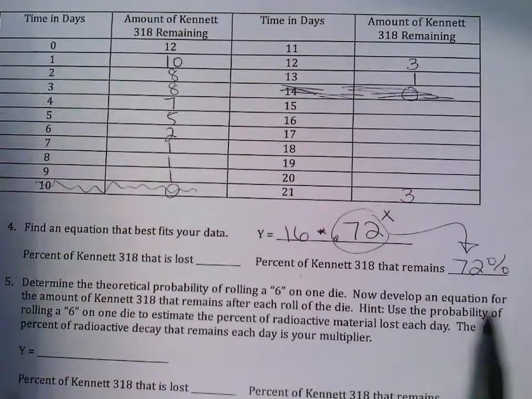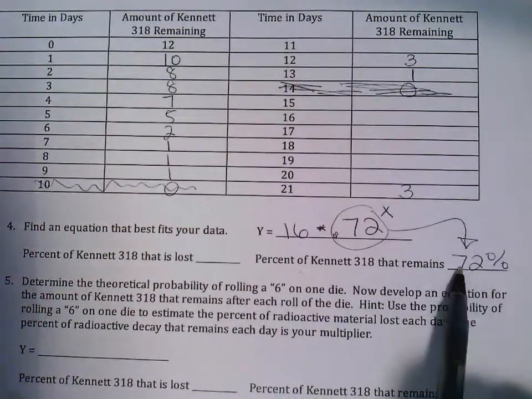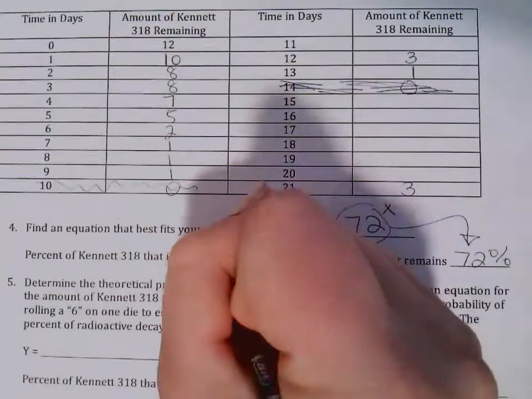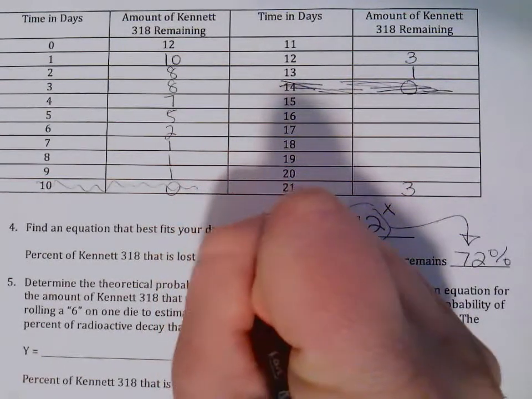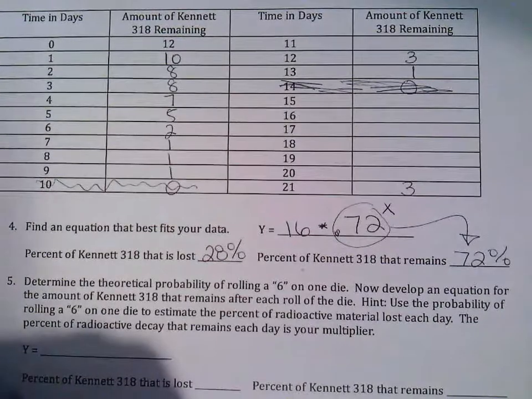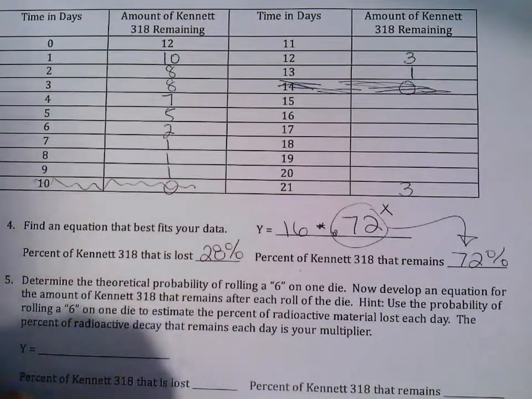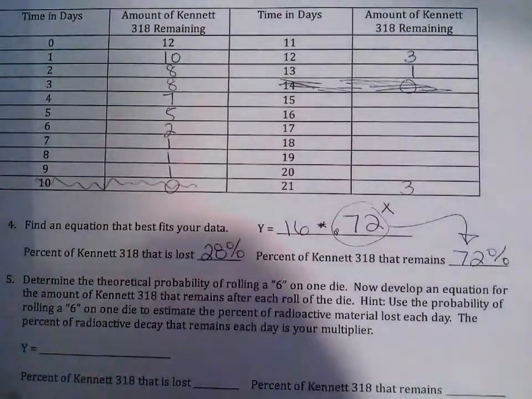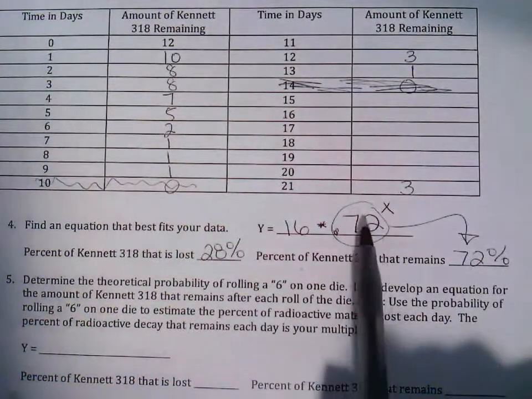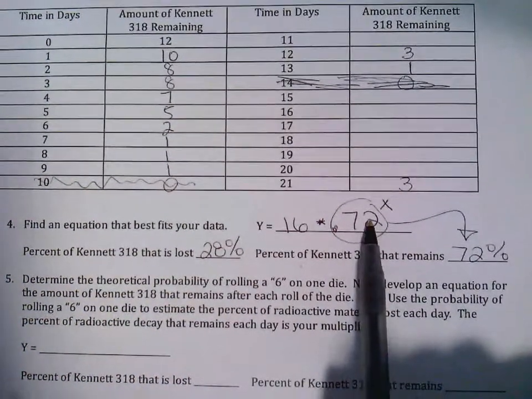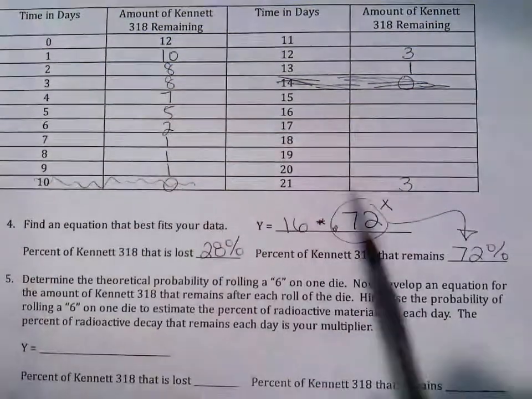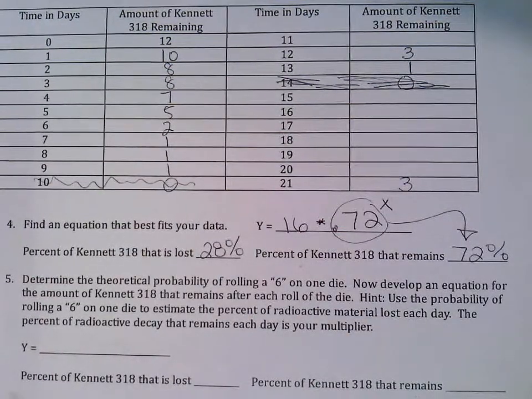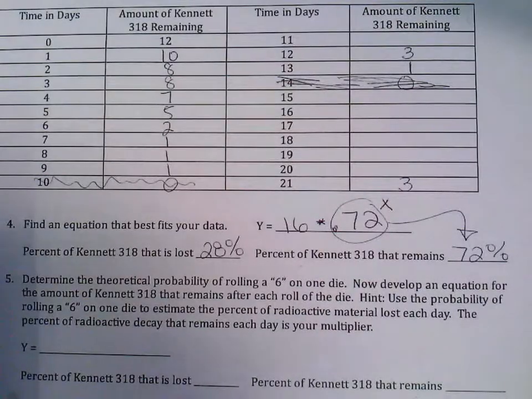So I was retaining 72% of my dice and I was losing, therefore, 28% of my dice every time, right? Because 28 plus 72 is adding up to 100. So whatever percent you get here, I'm just interested to see what percent you get because we all have different experimental trials. So it would just be interesting to see who gets the closest to real life.